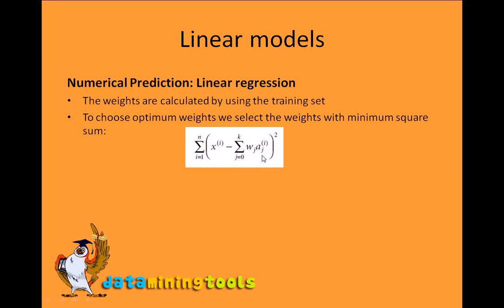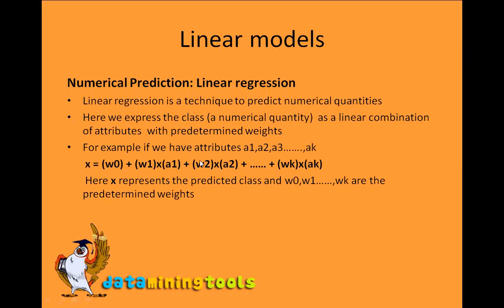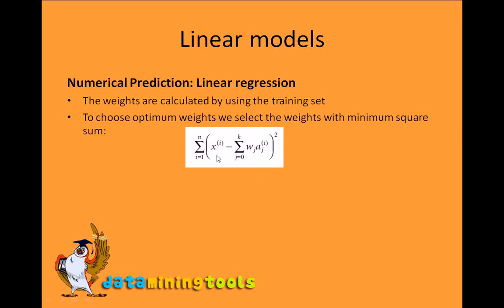This is the representation of the formula. So what we do is take the actual value minus the predicted value, square it, and sum these values for all the n instances, and the weights we choose try to minimize this.